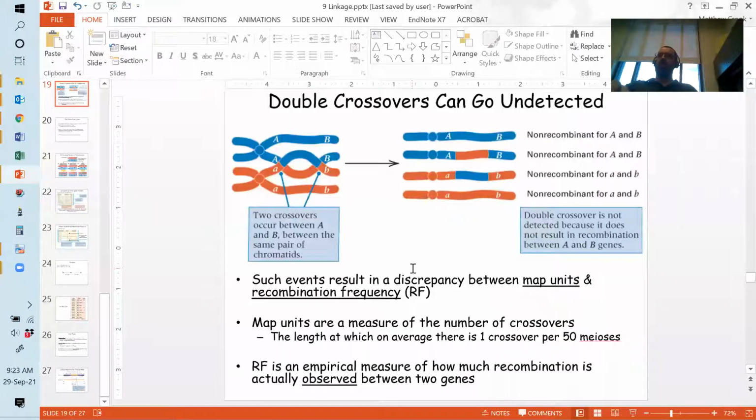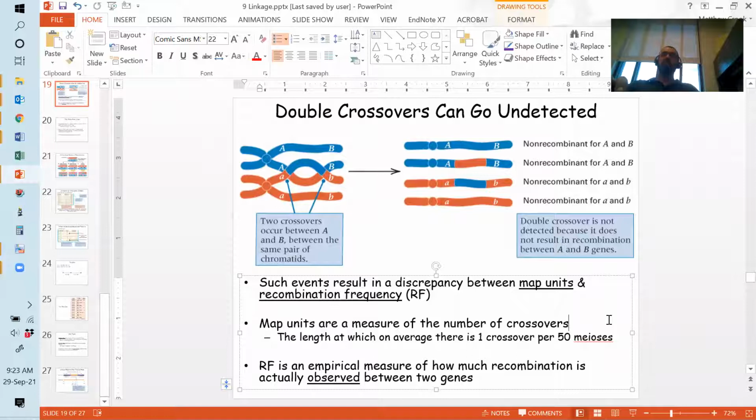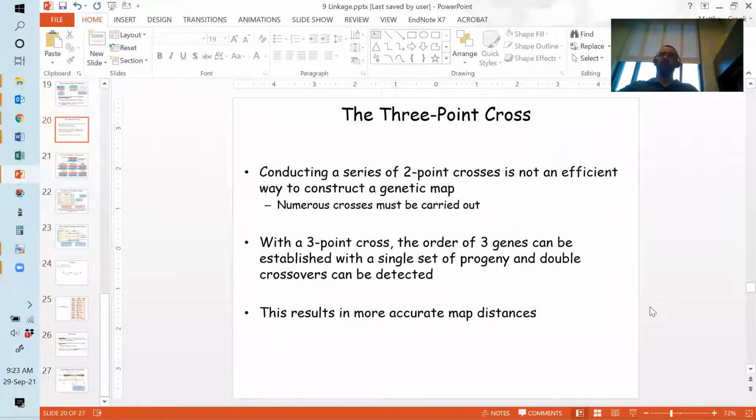So how do we get around that? Because obviously we do. The way to fix that is to use 3 genes at the same time. The big plus of this is that it will detect those double crossovers. And also it means that you have to do fewer crosses, right?